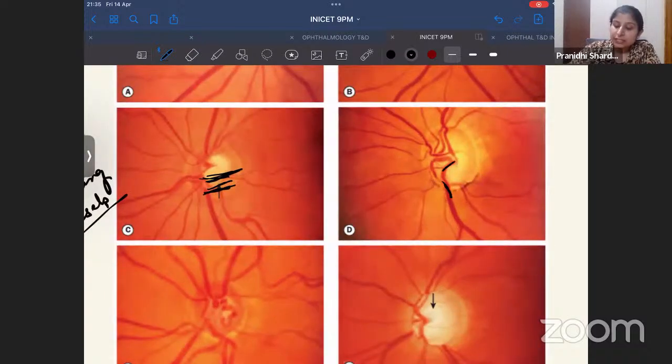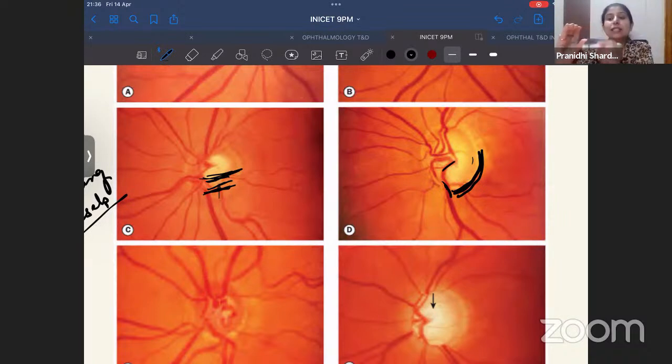Now this is the bayoneting sign: sharp angulation at the margin of the optic disc. Why is this sharp angulation happening? Because of the loss of tissue. Whenever there is loss of tissue, there is deepening of the cup. The cup has become deep.